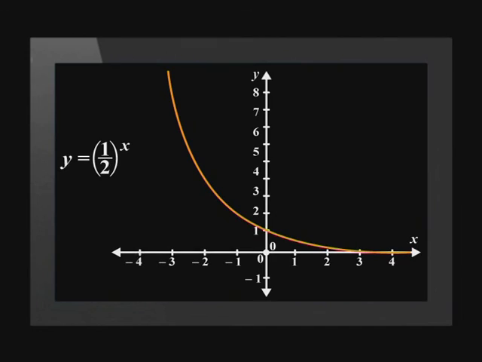That was a good introduction on how to plot the inverse of exponential functions. Let's do one more example together. Here is the graph of y is equal to half to the power of x. The x-axis is the asymptote, which means that the function approaches it but doesn't cross it. Do you know what the equation of the inverse of y will be?